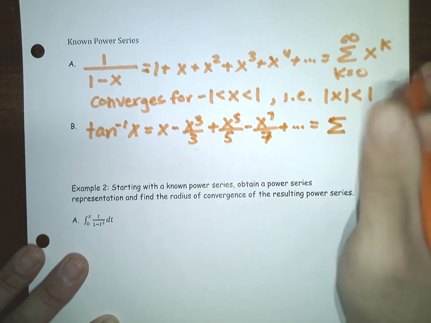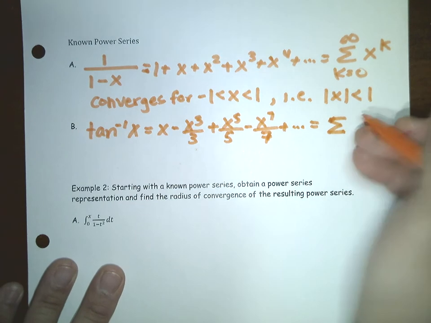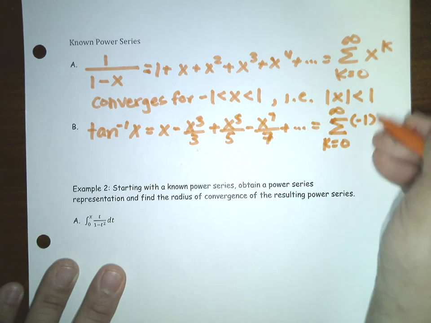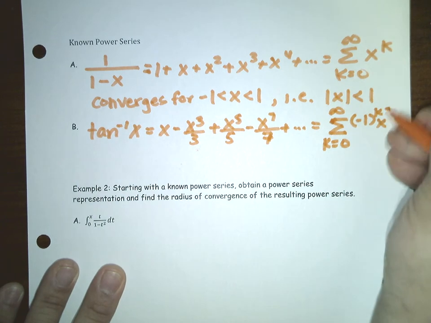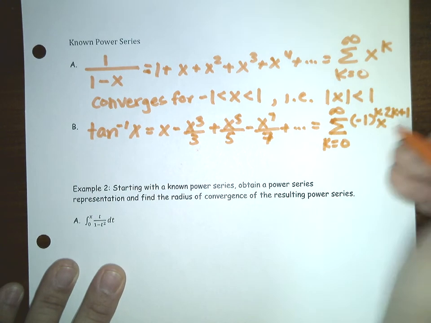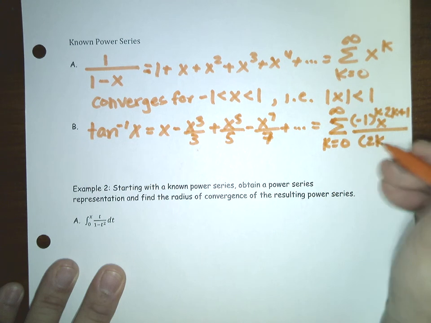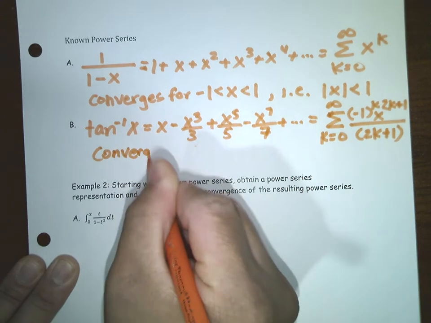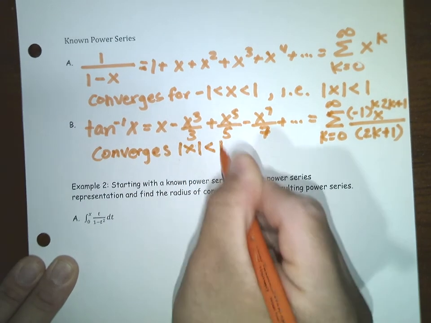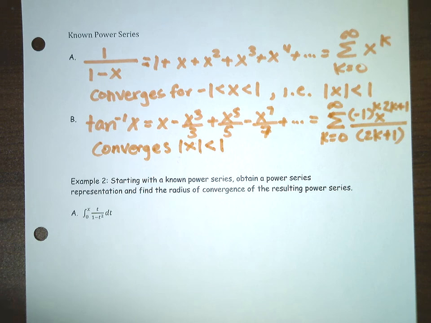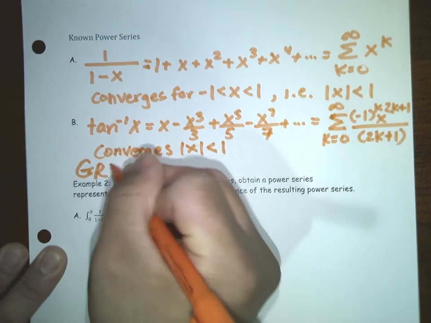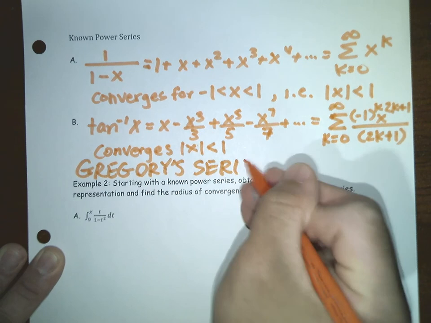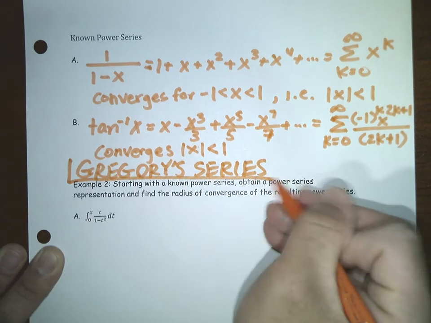So it's the sum k equals 0 to infinity of -1 to the k, and then x to the 2k plus 1 all over 2k plus 1, and this converges for the absolute value of x less than 1, and this series is called Gregory's series. What a time to be alive.